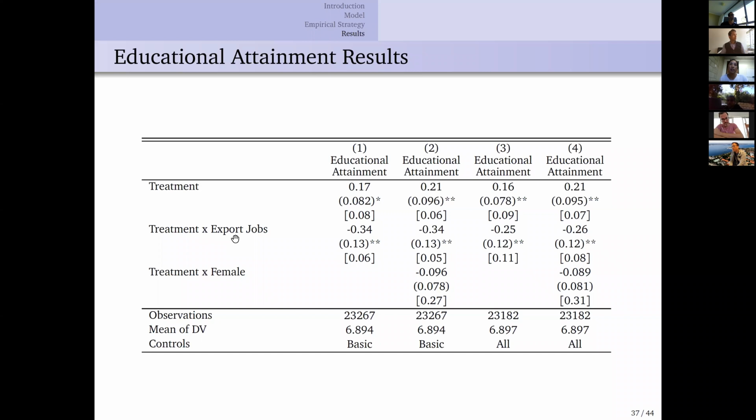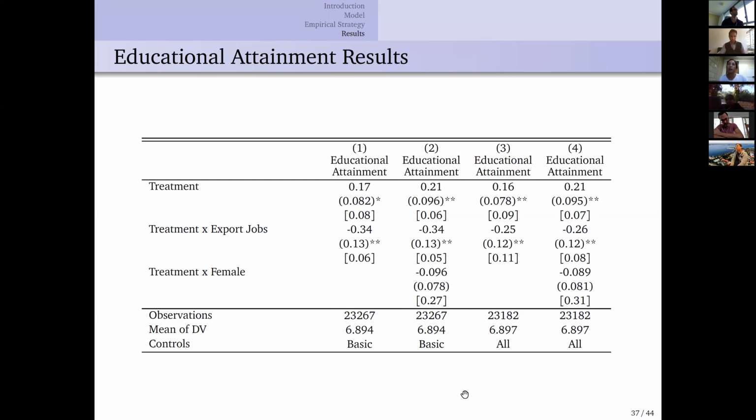But here I've already standardized it. So you can just take this coefficient and say that's the effect of moving a standard deviation up the export job ladder. But I can look up what those means are.